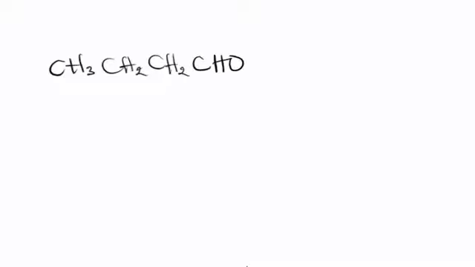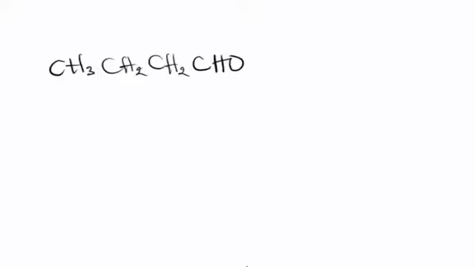So for instance, if I have CH3, CH2, CH2, and CHO. When I look at this, I'll see that I have 1, 2, 3, 4.